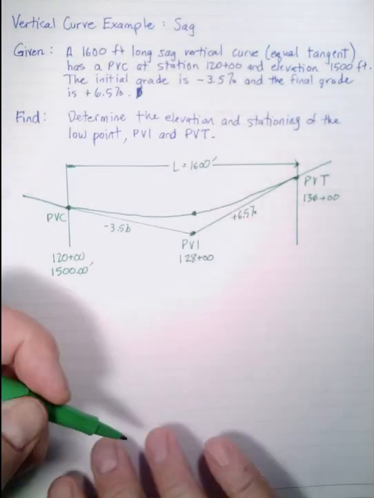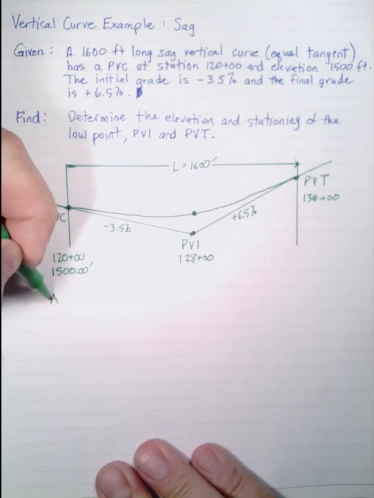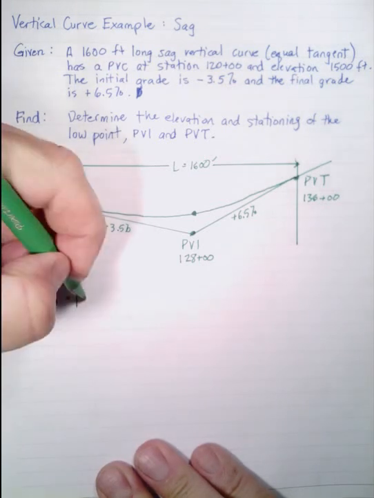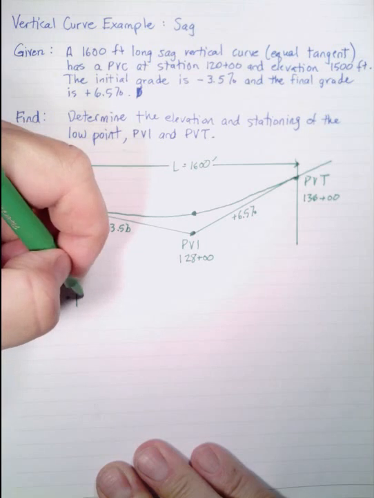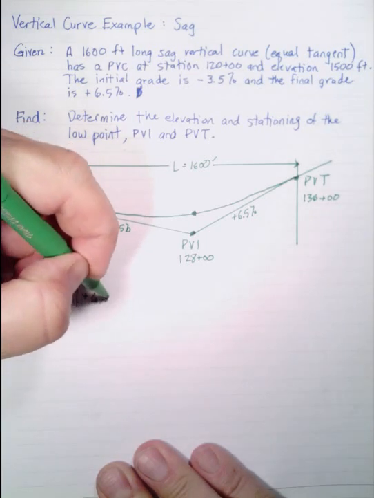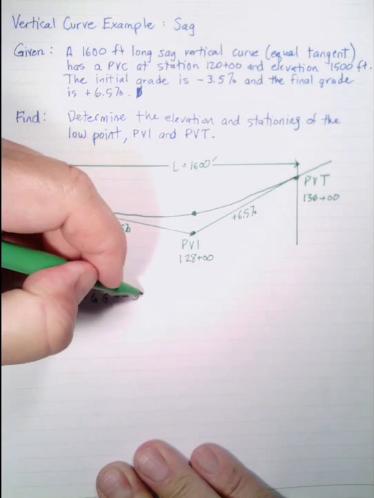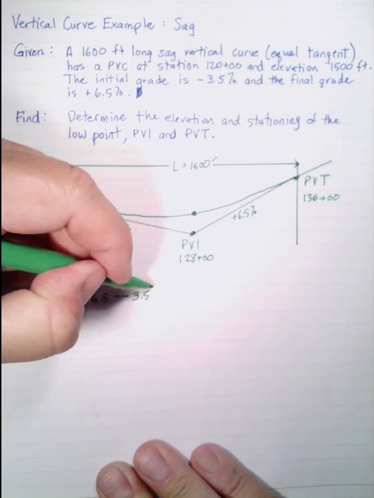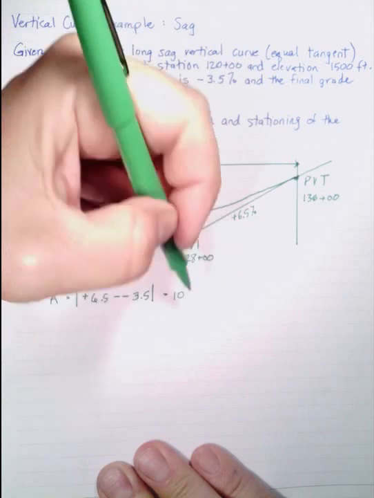So we're going to calculate a couple of things. The first is the absolute value of the difference between the grades. So that's always G2 minus G1, the absolute value. So G2 is plus 6.5 and G1 is minus 3.5. So the value A for this problem is 10.